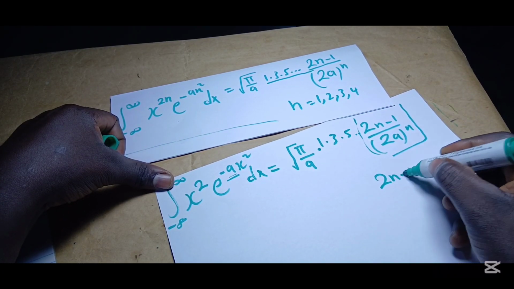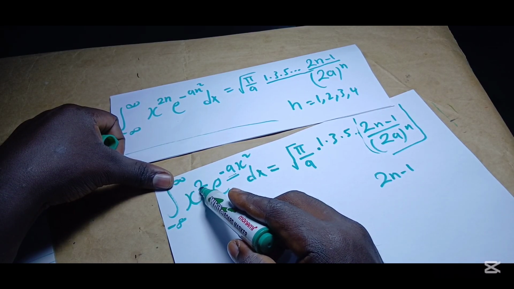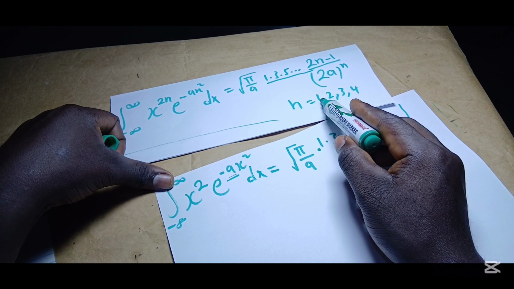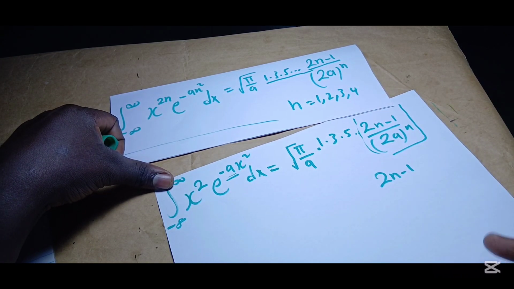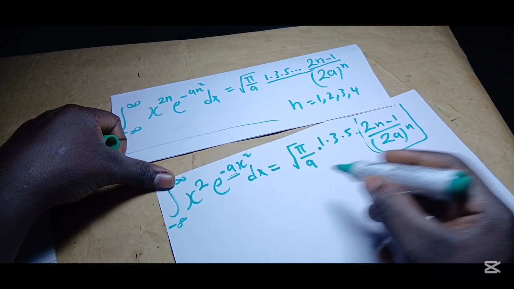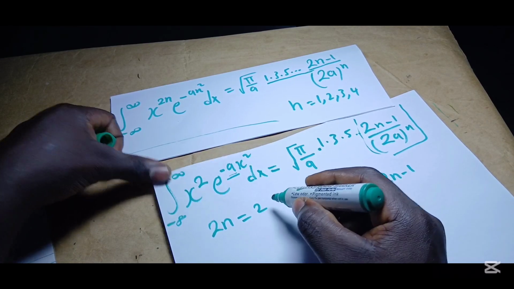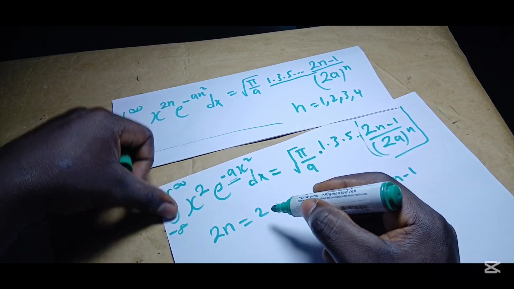So 2n minus 1, what is our n here? n is 1, 2, 3, not decimal numbers. If you want to solve for n, we can just equate the power of x here to 2n. So 2n equals 2, to solve for n.